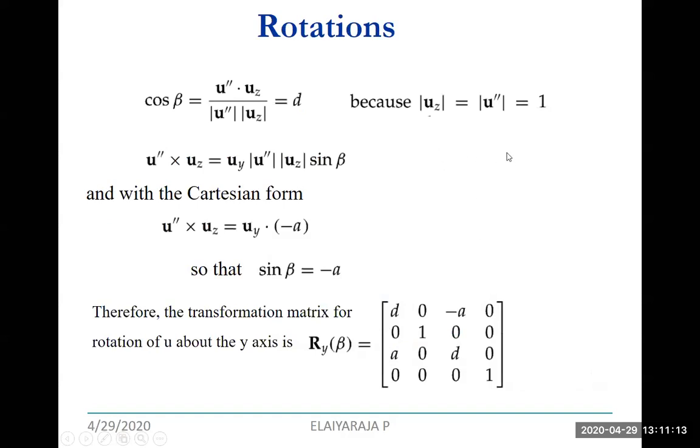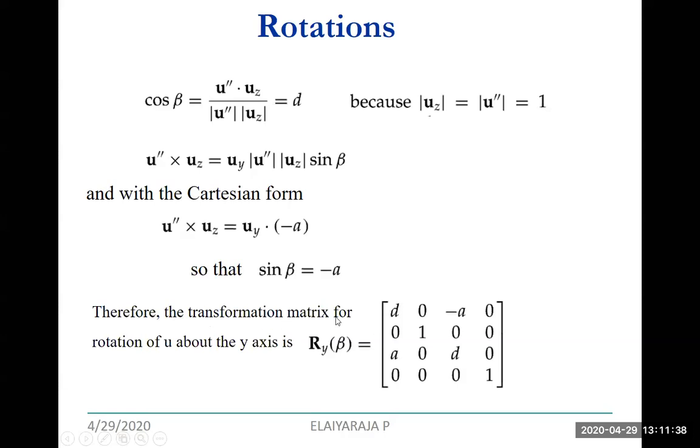So i, j, k, a 0 d, then the third row 0 comma 0 comma 1. When you calculate the cross product, with respect to i it is 0, and then minus j into a minus 0. So you got the sine theta value equal to minus a.